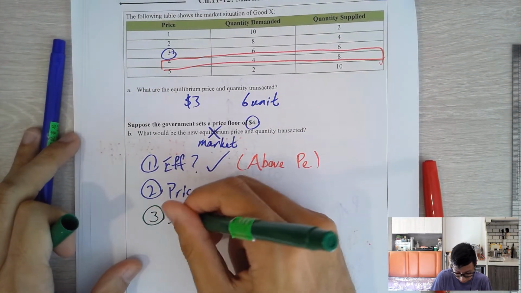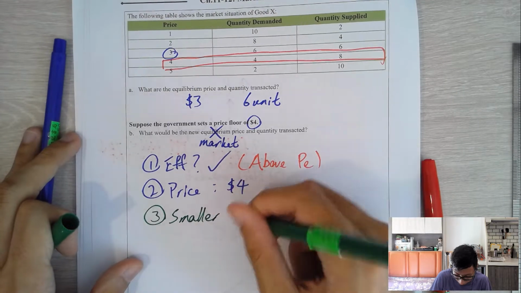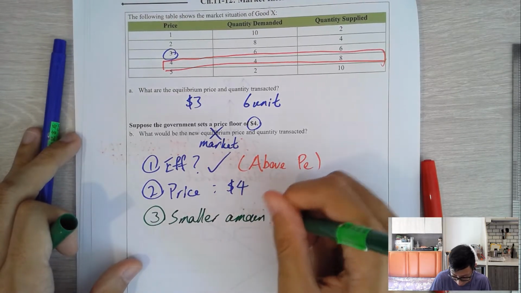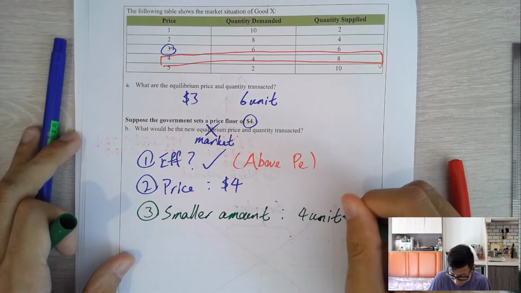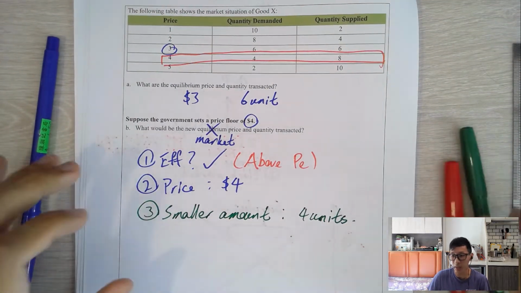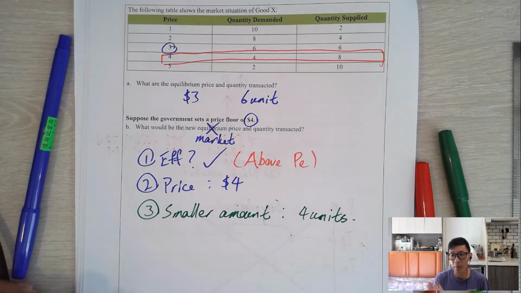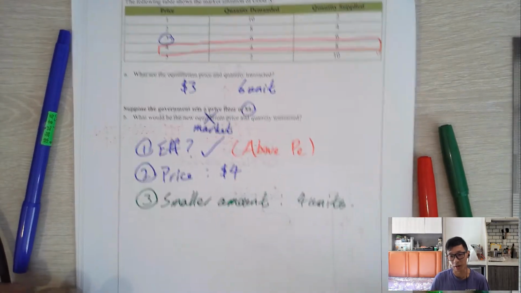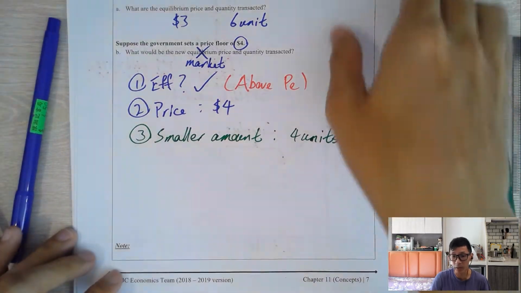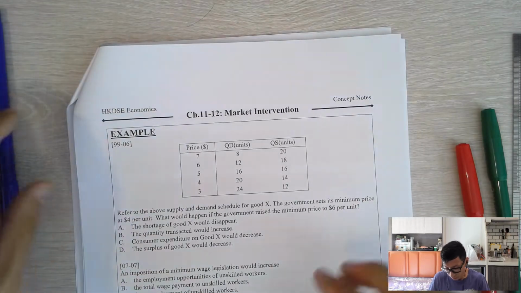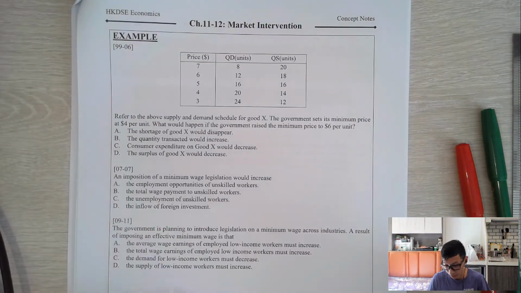We take the smaller amount, which would be 4 units in our case. Don't bother with QD or QS, it's the smaller one. Okay, the notes here: smaller amount, not QD, not QS. I won't write it down, we covered it in class. Let's see whether we can finish this video relatively quickly.